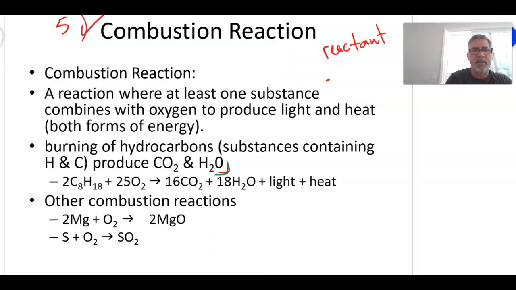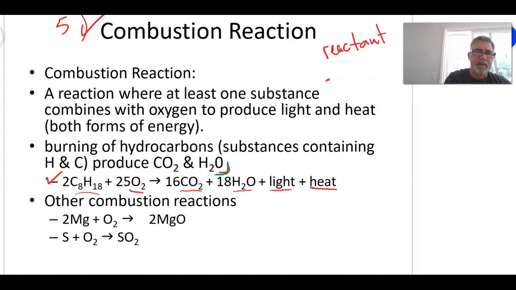So if I look at this reaction, I have C8H18 plus oxygen makes CO2 and water, and light and heat. That's generally a fire. So it's octane plus oxygen produces CO2 and water.